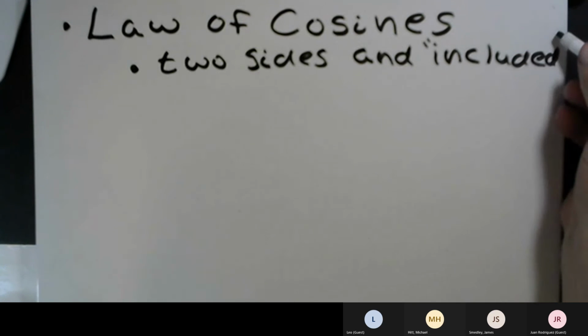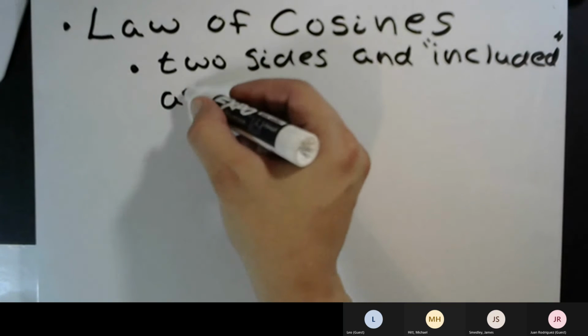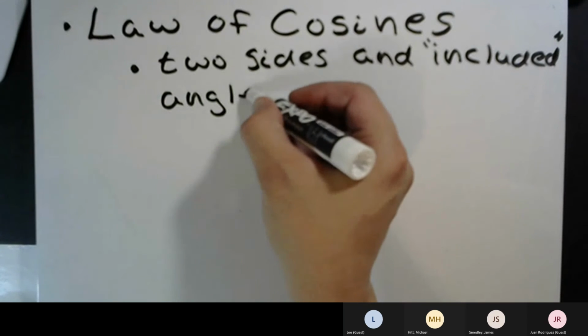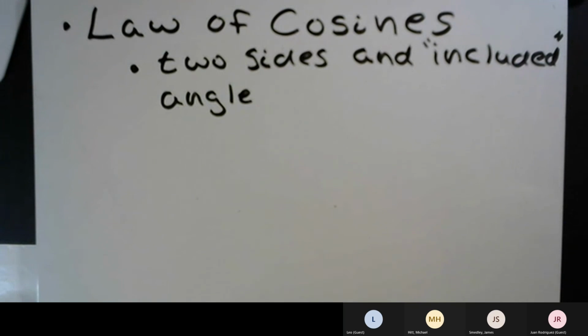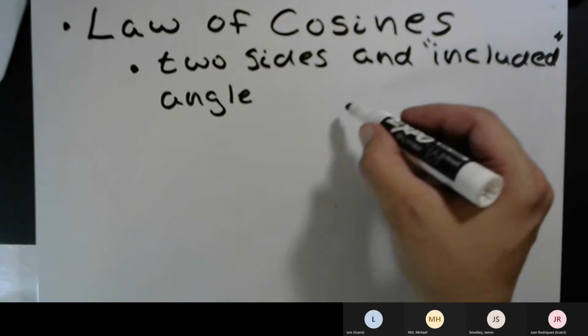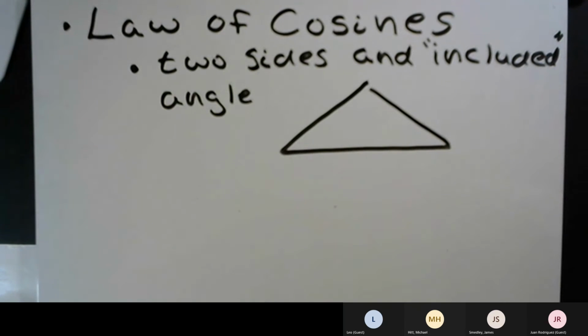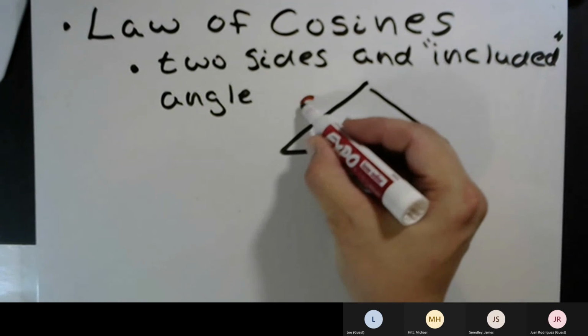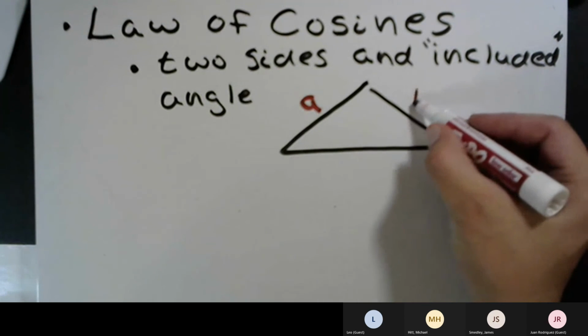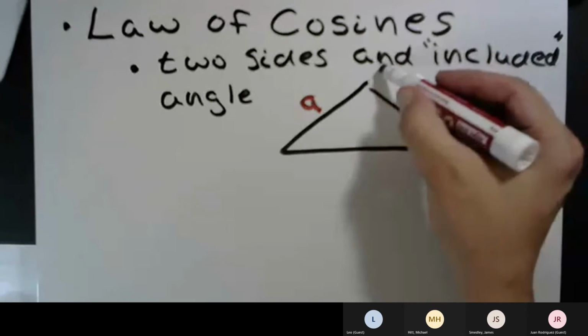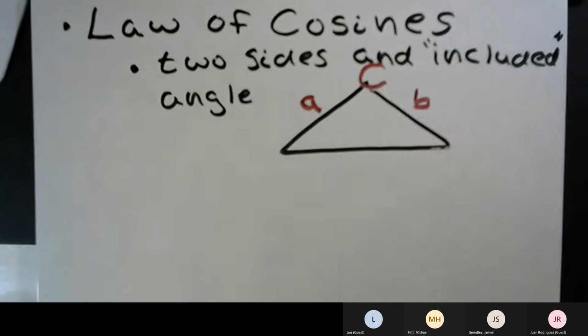This is a special term, an included angle. So to give you an idea of what that's going to be, it's a triangle where you would have angle A, so side A, side B, and you have angle C in the middle.